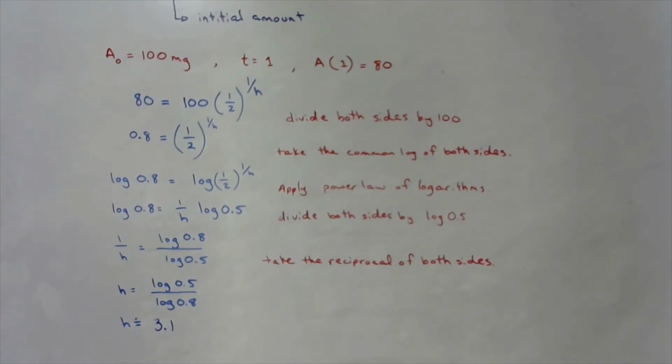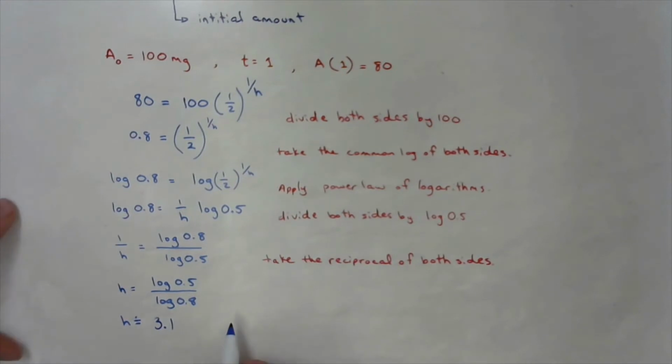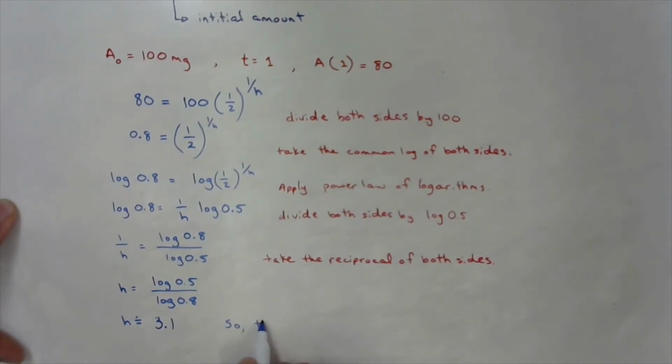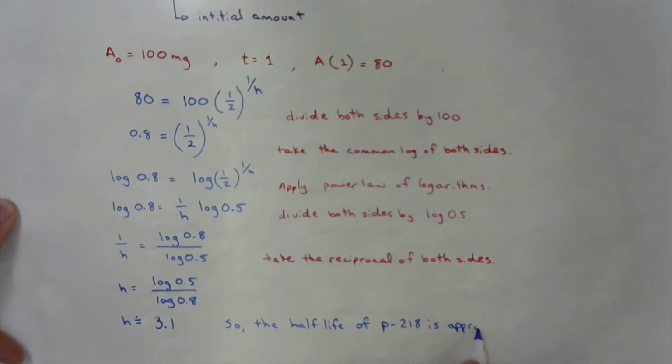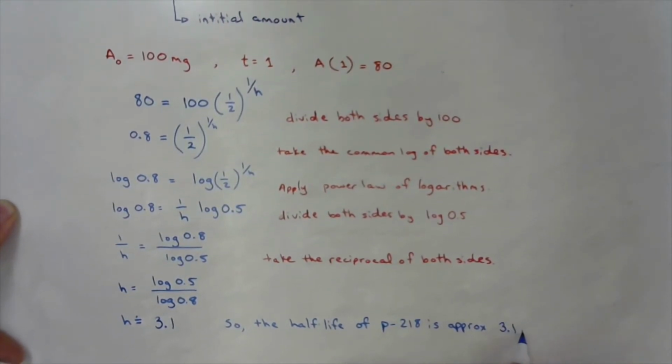In this case, that means the half-life of polonium-218 is approximately 3.1 minutes. Okay, so the half-life of, I'm just going to call it P-218, is approximately 3.1 minutes.